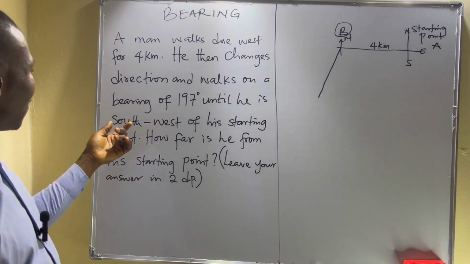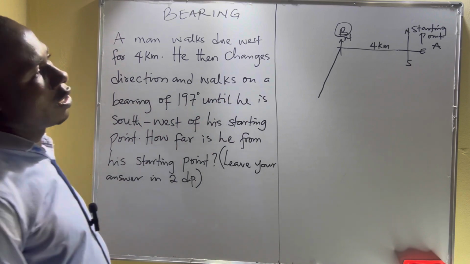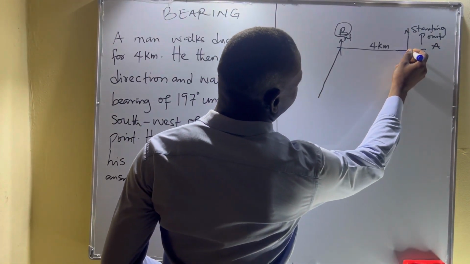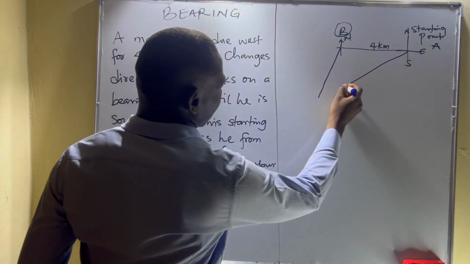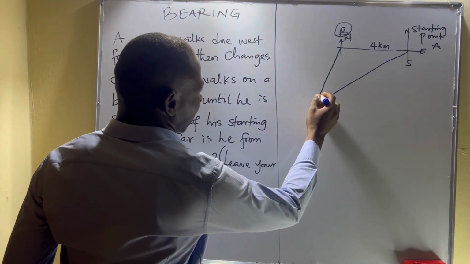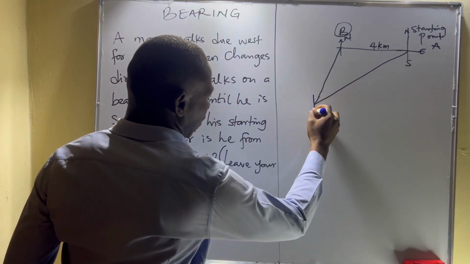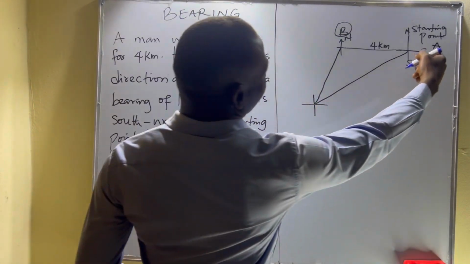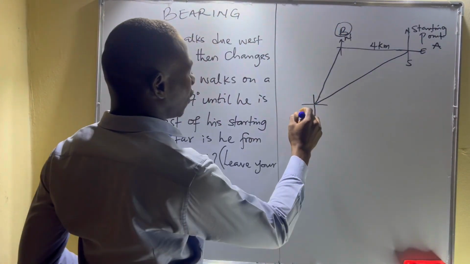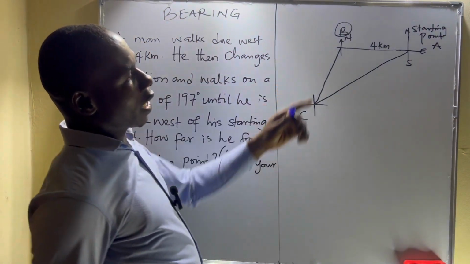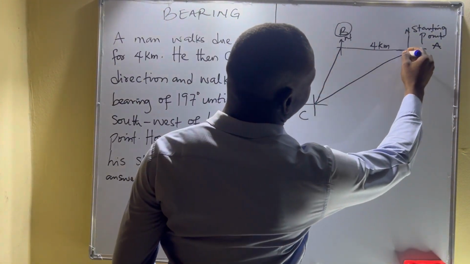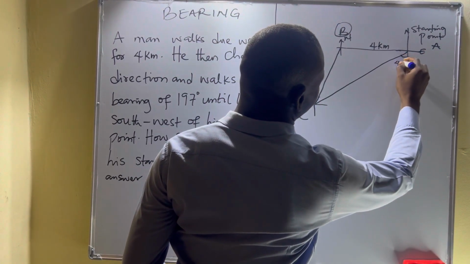Until he is southwest of his starting point. So this is the starting point and this is the southwest. So wherever you stop, draw your cardinal point. If I call this point A, this B, this point C, remember, for this to be southwest, it means that this angle is 45 degrees.